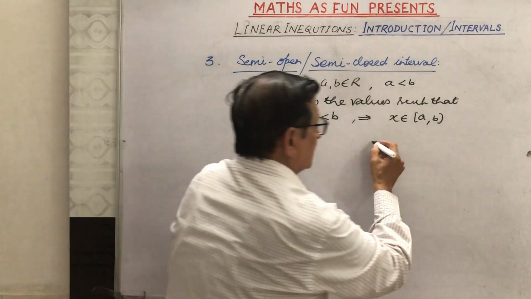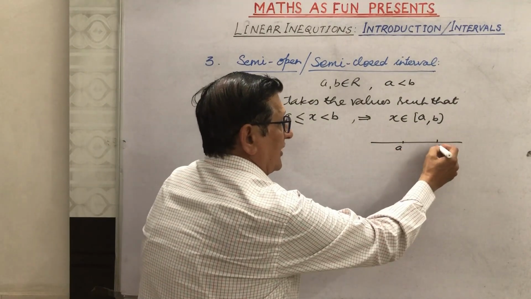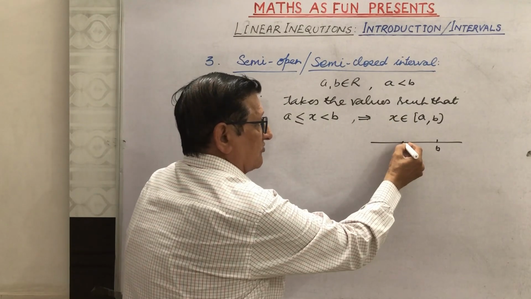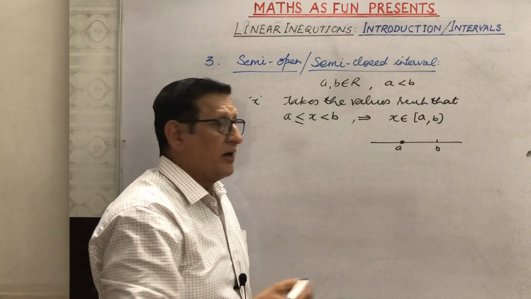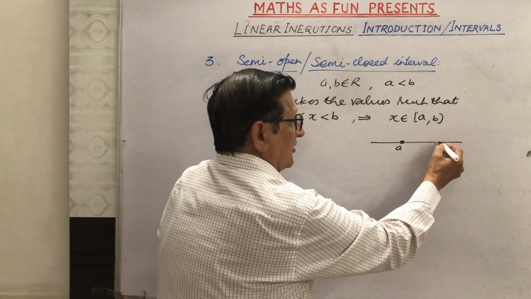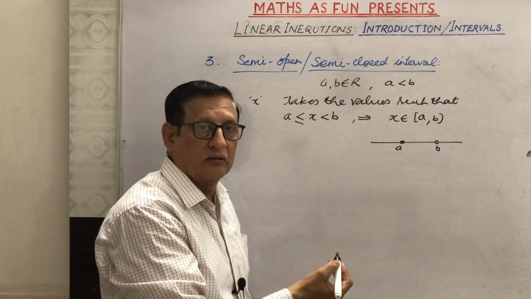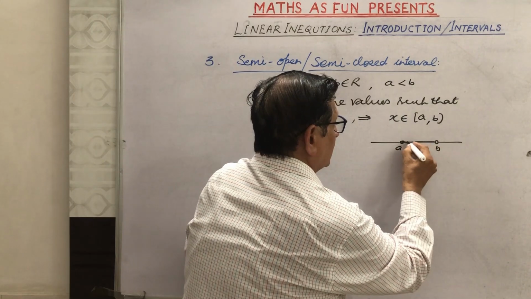On the number line, suppose we represent it, a and b are marked. a is closed, so this will be a filled bubble, closed bubble. And b is open, it means this will be an open or unfilled bubble or hollow bubble. And then we darken the line between them.